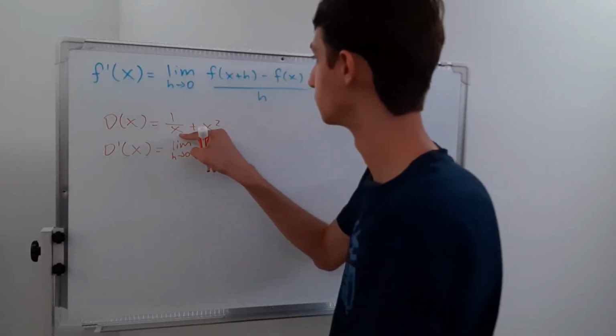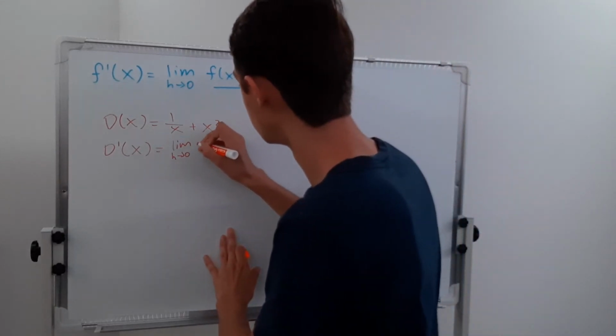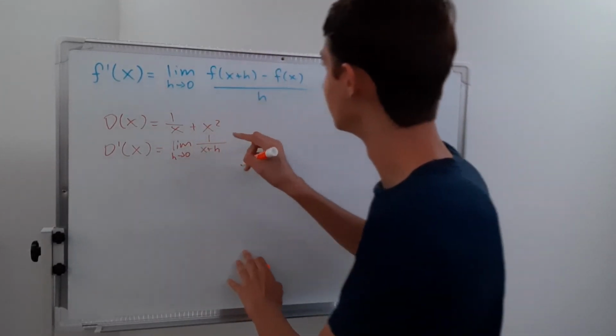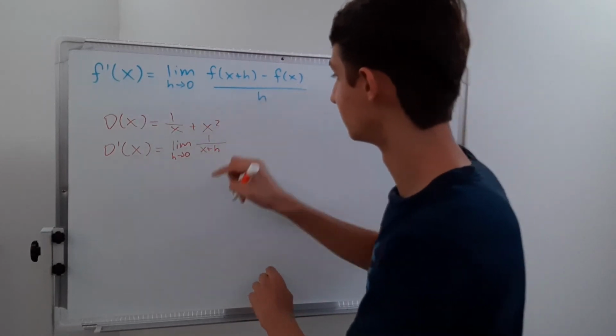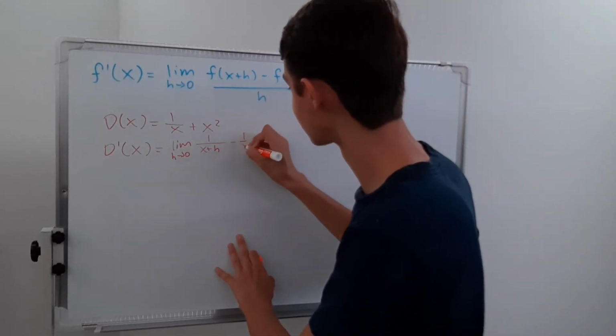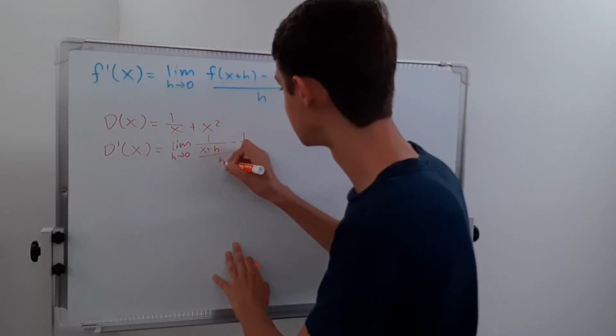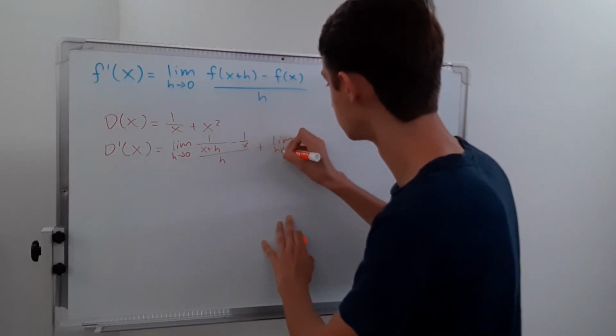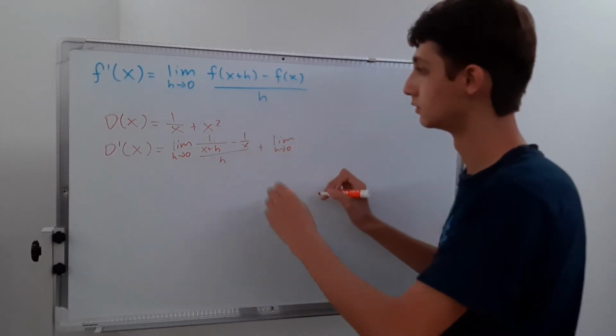I'm going to do this 1 over x. This is 1 over x plus h minus 1 over x all over h plus the limit as h approaches 0 of x squared.